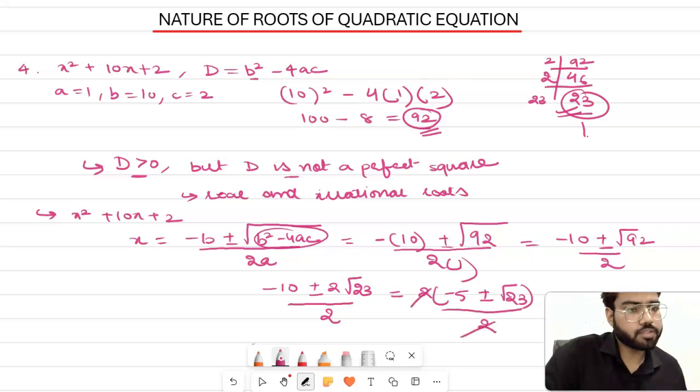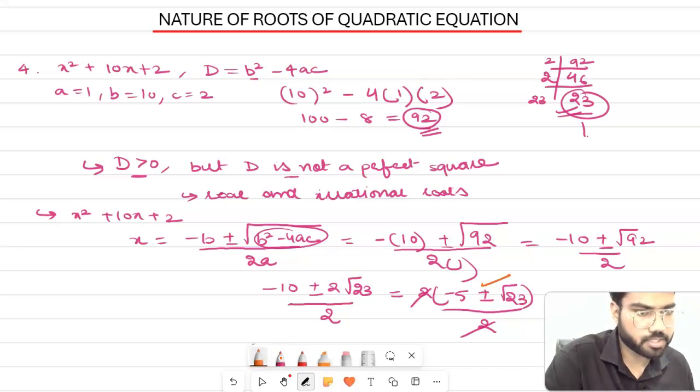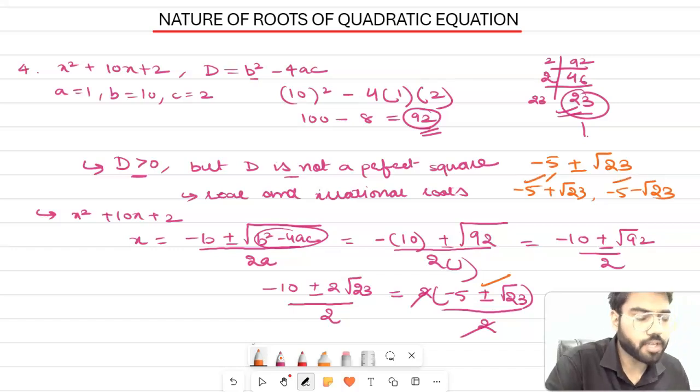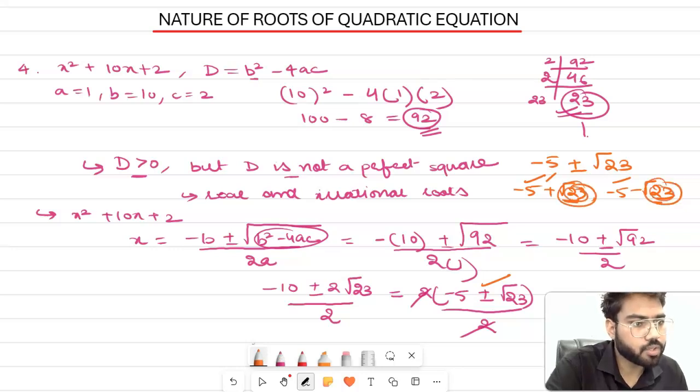So the final output is minus 5 plus minus under root 23. That is minus 5 plus under root 23 and minus 5 minus under root 23. Clearly both the roots are irrational numbers because both include under root 23 and the 23 is not a perfect square, so it cannot be further solved. So we get real but irrational roots.